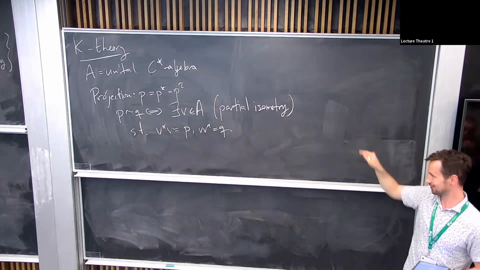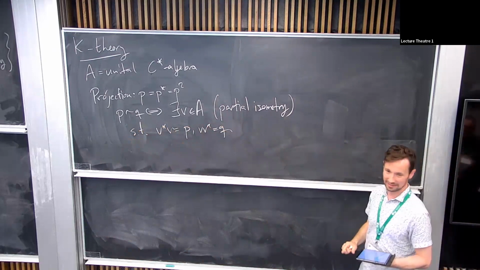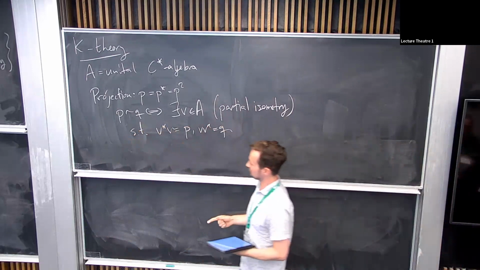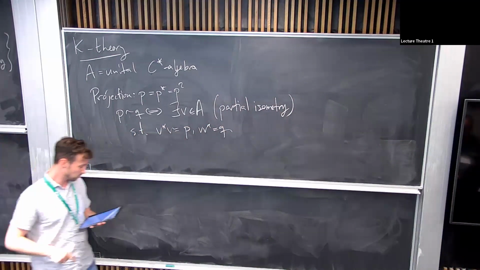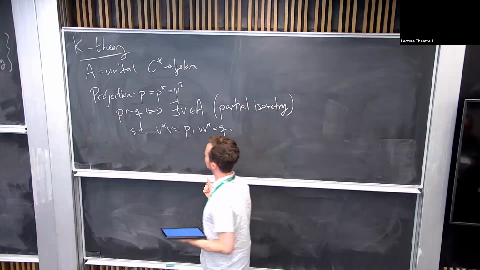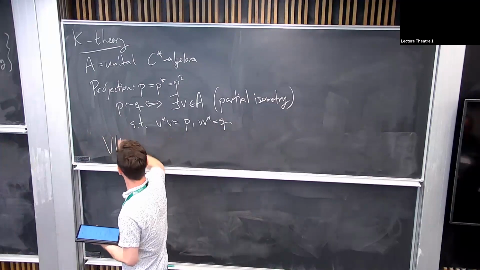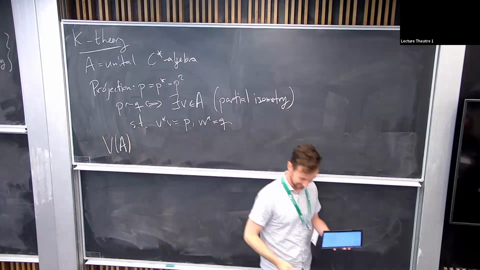Also, for the people who know K-theory, I'll probably turn the K-theory into something you haven't seen before before too long. Don't worry. Don't fall asleep is what I should have said.